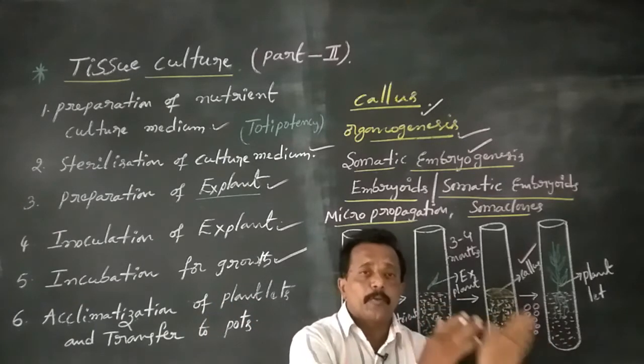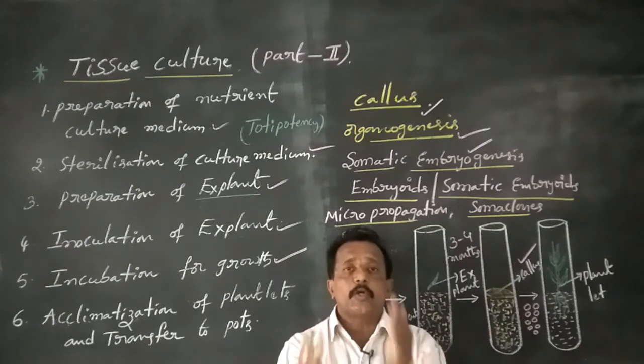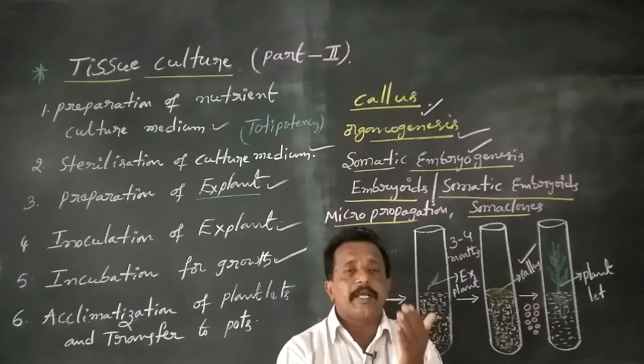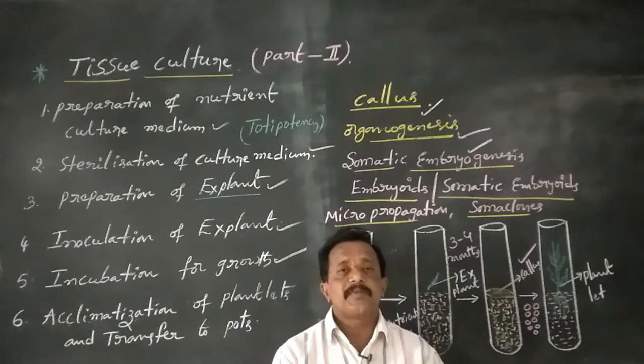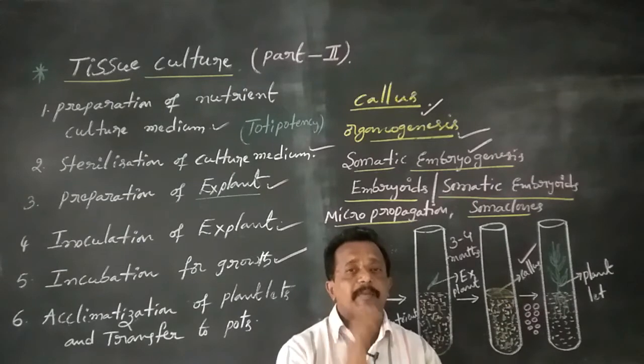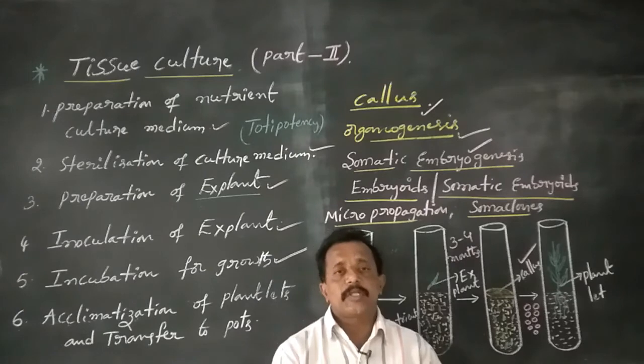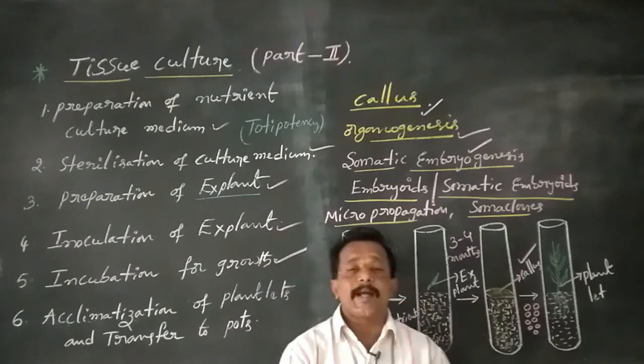So the tomato protoplast is fused with the potato protoplast to produce a new hybrid variety plant, that is called pomato. This is somatic hybridization. So these are the advantages of plant tissue culture.